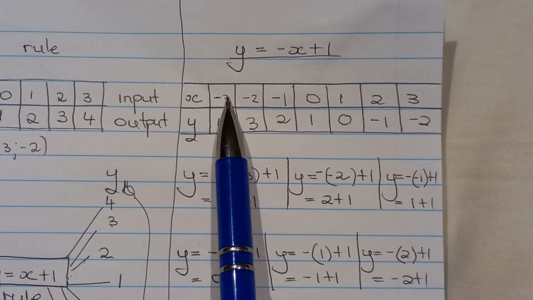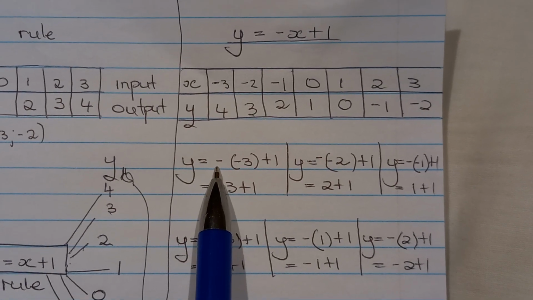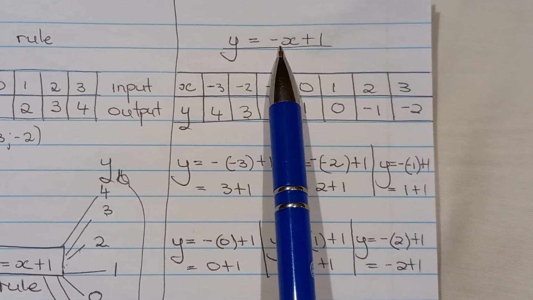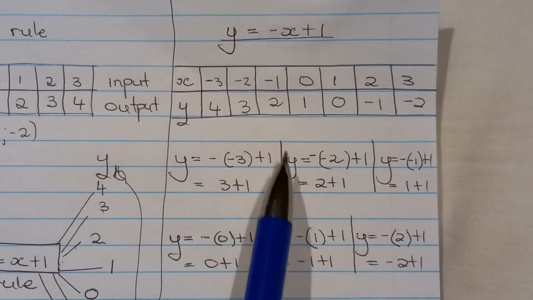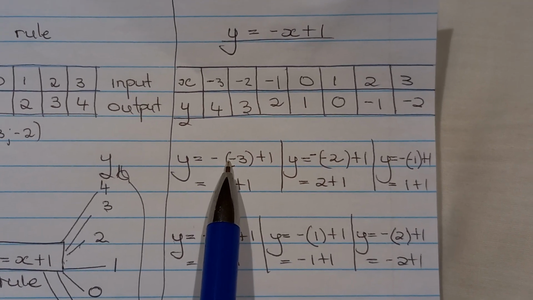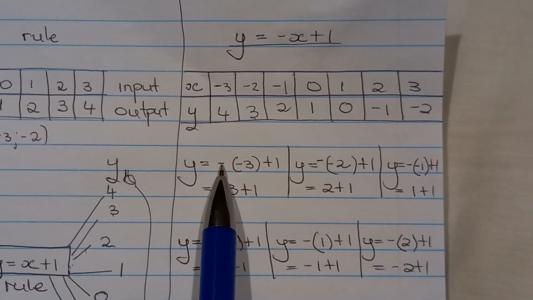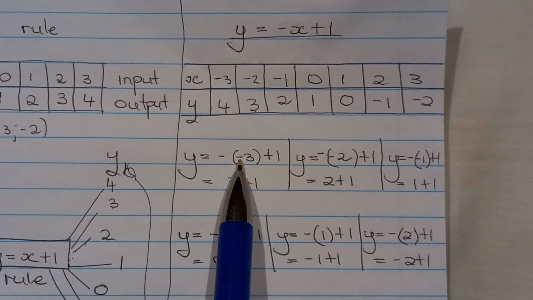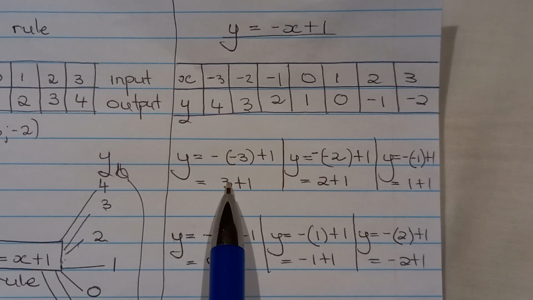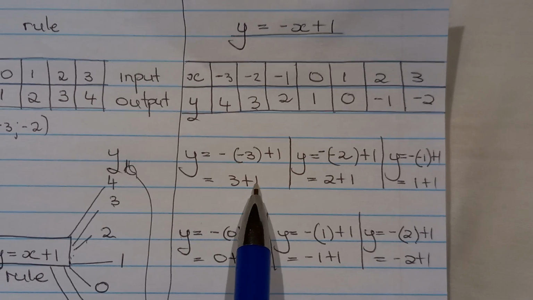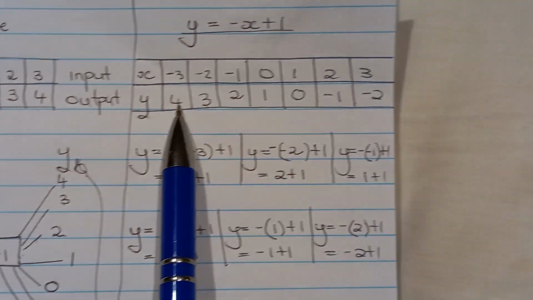So I start with -3. There's a negative, which is the one that comes with the rule, but our x is -3. So you then put the -3 inside the brackets. A negative times a negative is a positive. So that's why below you will have 3 plus 1. 3 plus 1 is equals to 4.